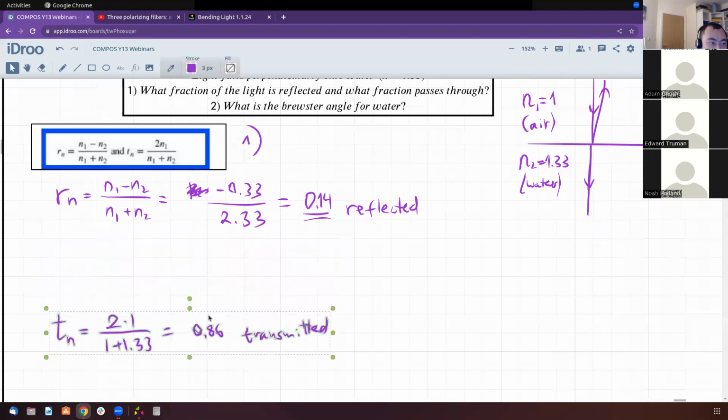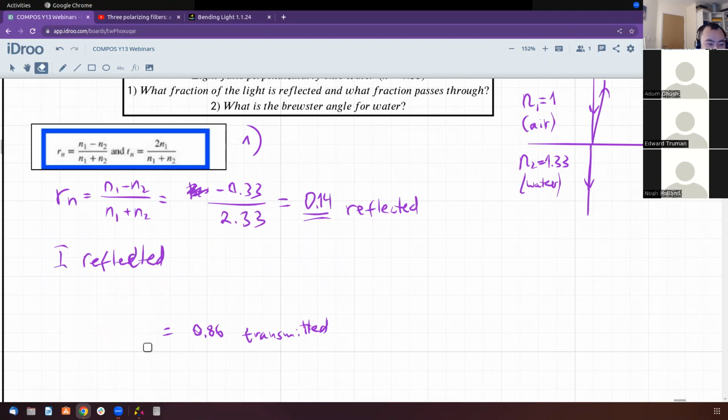If you're talking about the energy that is reflected, the intensity reflected is the 0.14 squared.